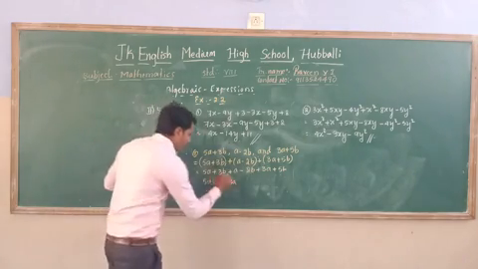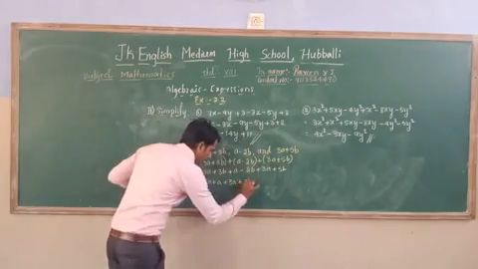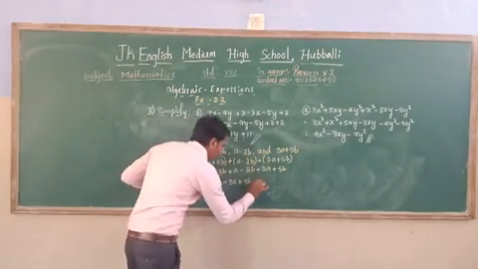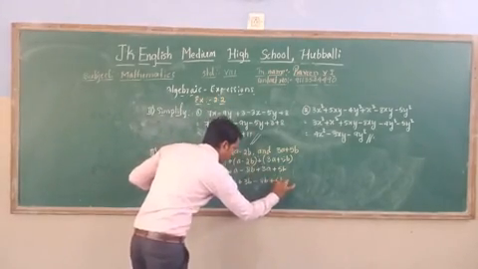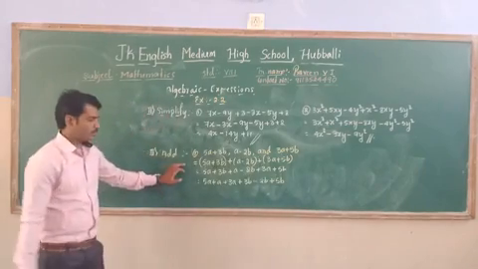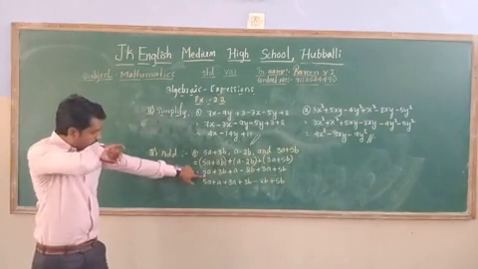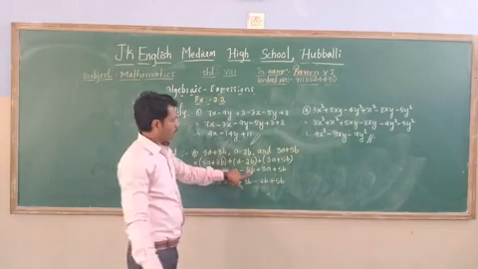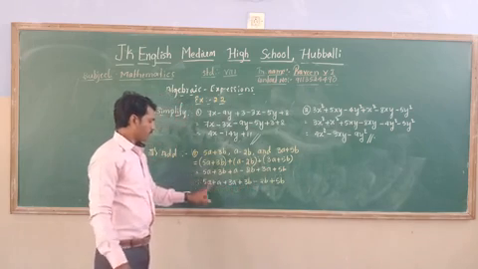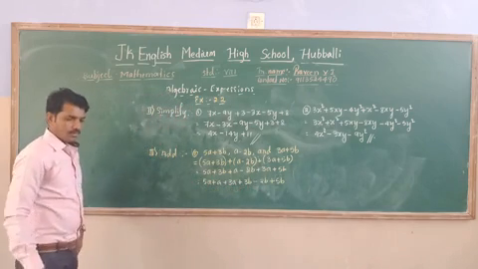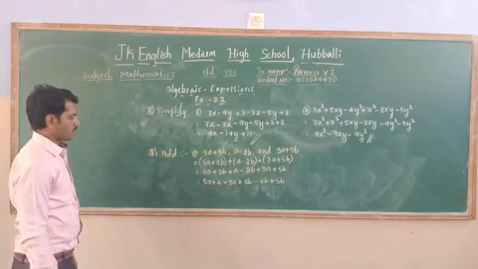Now the second one, plus 3b, minus 2b, plus 5b. Correct? 1, 2, 3, 4, 5, 6. So we have separated according to their signs.